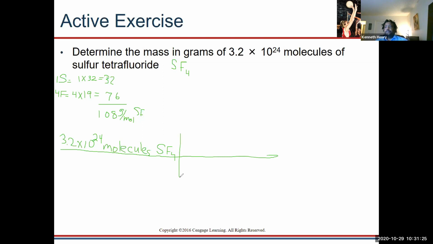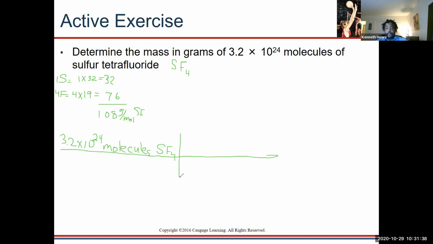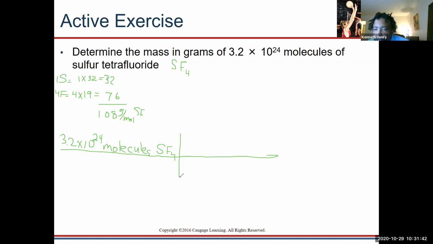What am I going to do with it? Is it the mole conversion? You said put the moles on the bottom, or molecules?